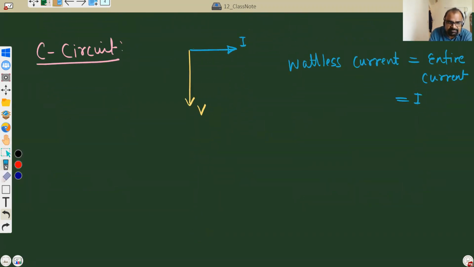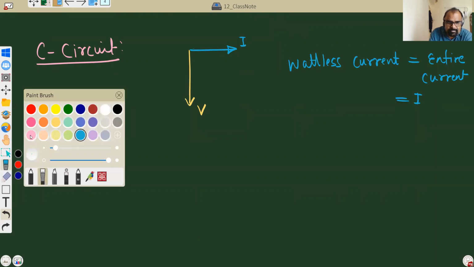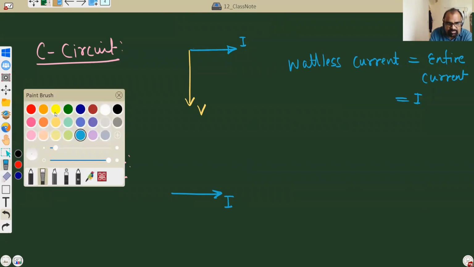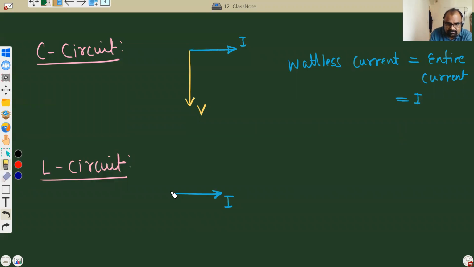Now, similarly, for an inductive circuit, this is the current, and this used to be the voltage. So what is the wattful component of current?